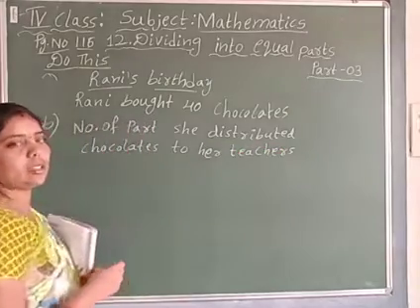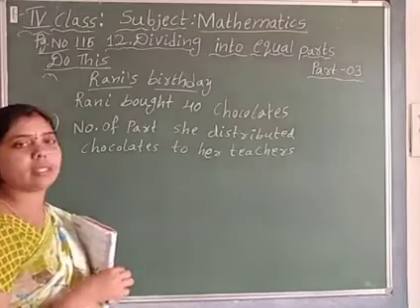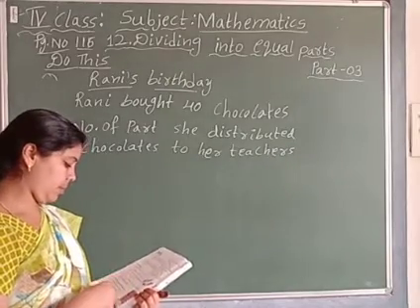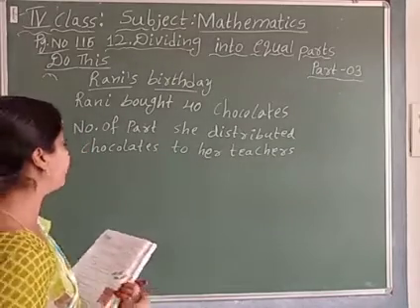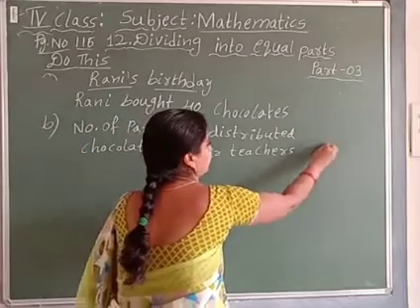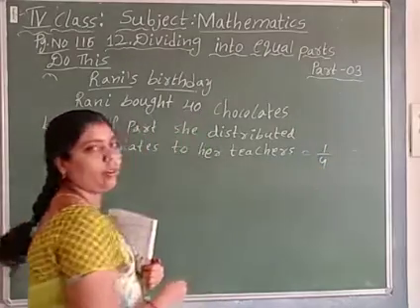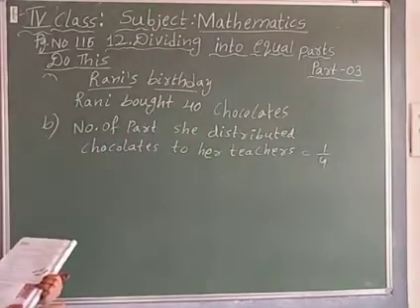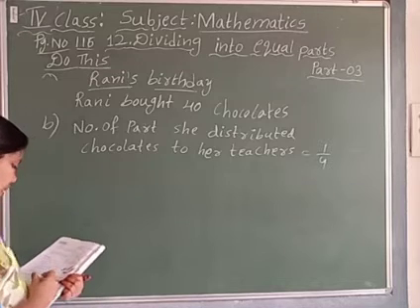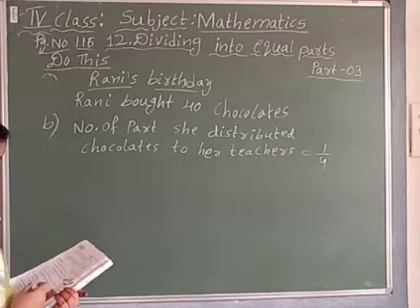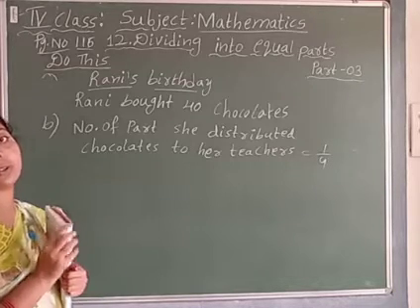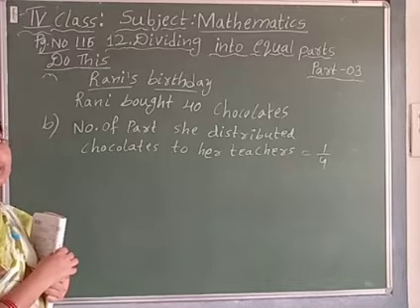So to teachers, how many chocolates will she distribute? So 1/4 part. See here, 1/4 part. How many chocolates did Rani distribute among her teachers? So how many chocolates she distributed for teachers?